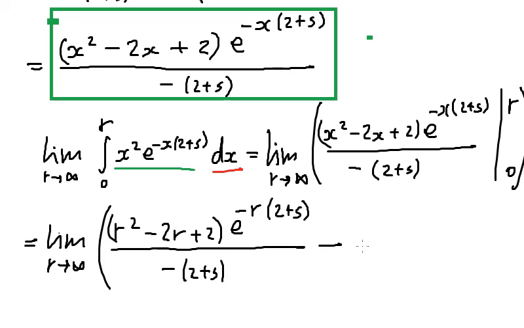And then from that we subtract away whatever we get by substituting 0 in the place of x. So that's just going to leave us with one term in the numerator, and that term is going to be 2 times e to the power, putting 0 in the place of x, we get e to the power 0, which is 1, so we're just left with 2 up there, and then that is divided by minus 2 plus s.